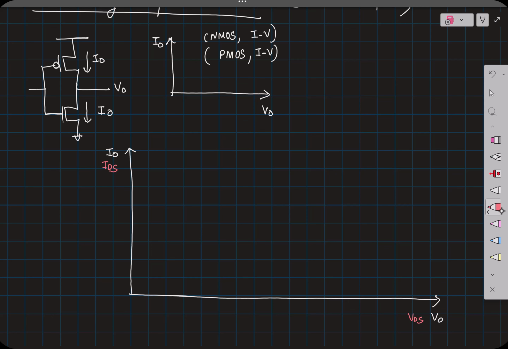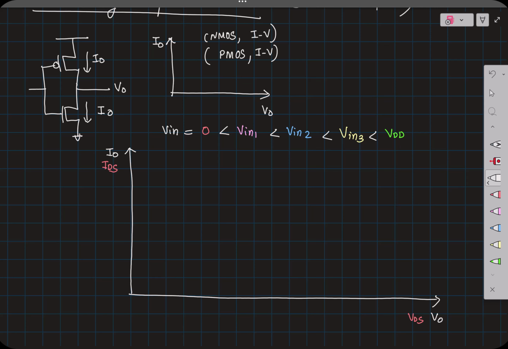And I will do this for 4 values of input. So let's say Vin equal to 0, Vin1, Vin2, Vin3, and finally VDD, where the relationship is of course like this.